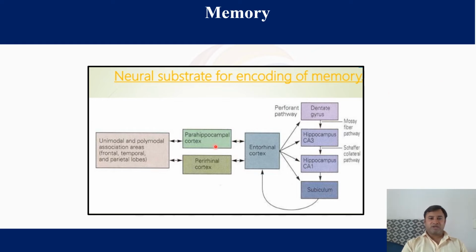There is the parahippocampal cortex, and the information goes into the entorhinal cortex, and through the entorhinal cortex it goes to the dentate gyrus, and from the dentate gyrus it goes into the hippocampal CA3 region by the Mossy fiber pathway, and from CA3 to the CA1 region by the Schaffer collateral pathway, and then it comes into the subiculum, and through the subiculum it goes into the entorhinal cortex and then the perirhinal cortex. In this way, this is the path of memory in the hippocampus region.